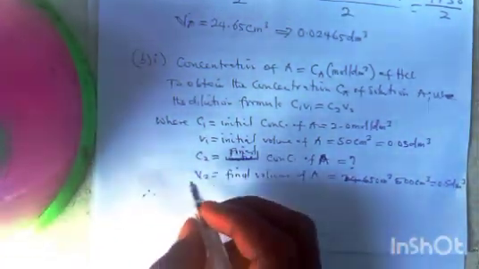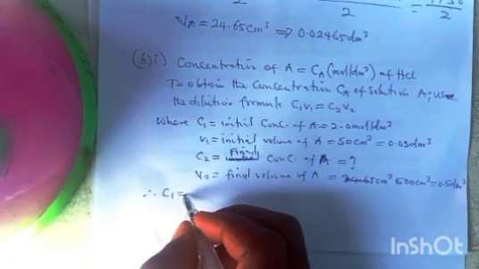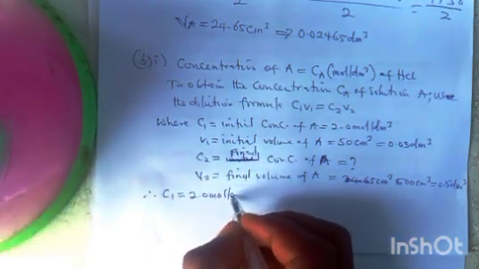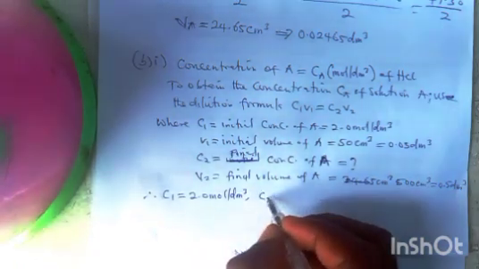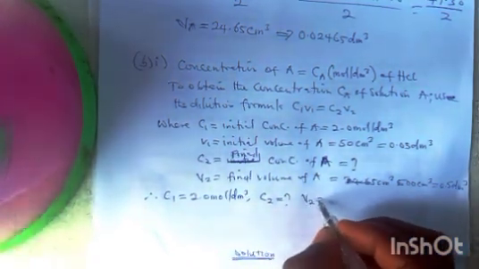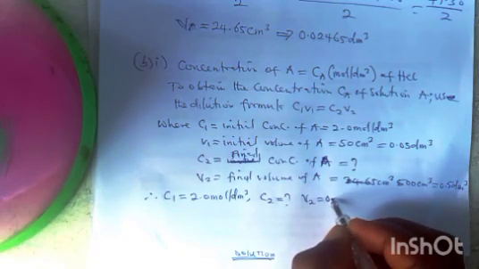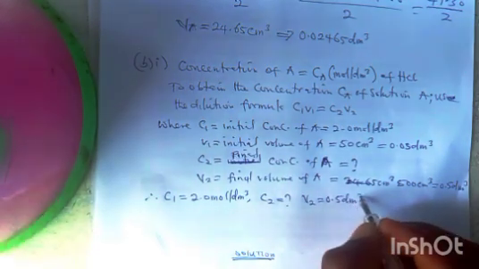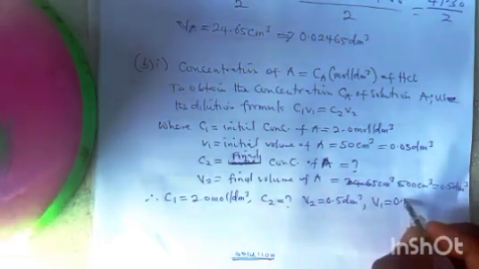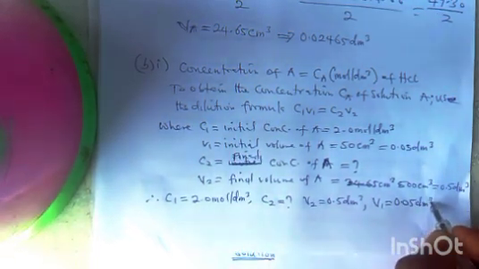Therefore, C1 is equal to 2.0 mol/dm³, C2 is not given, V2 is 0.5 dm³, and V1 is equal to 0.05 dm³.